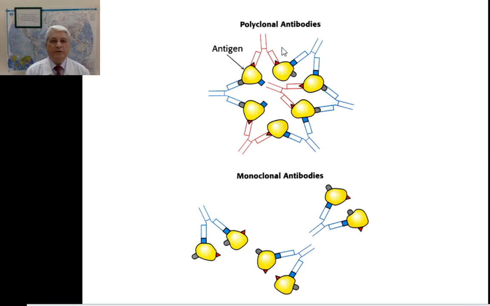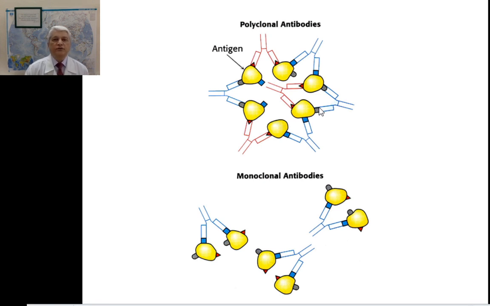Polyclonal antibodies are antibodies that react with the same antigen. Look, all of them are reacting with this yellow antigen, which react with the same antigen but have different primary structure.